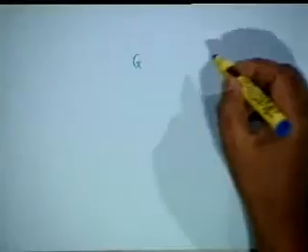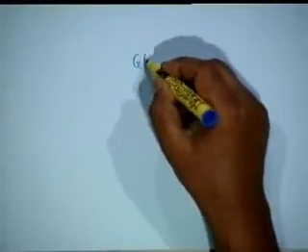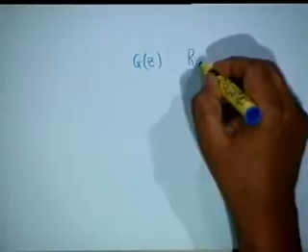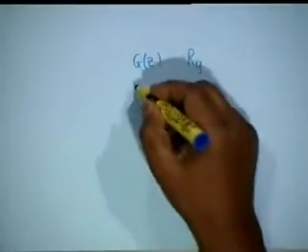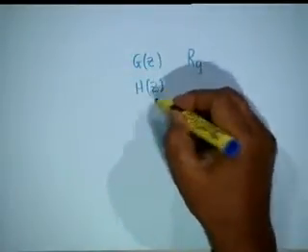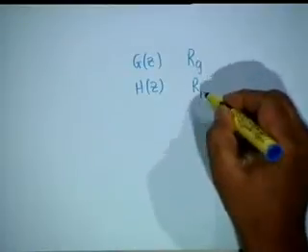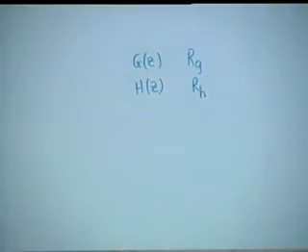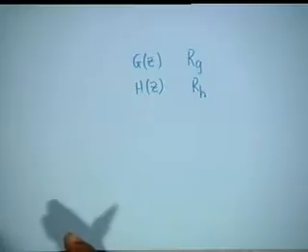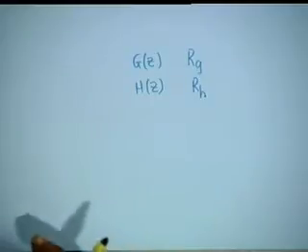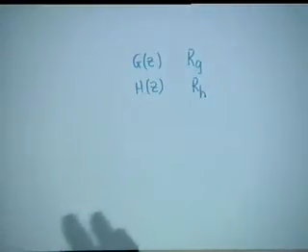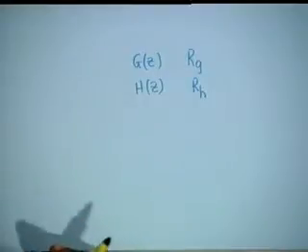We started with the properties of the Z transform, and before that I had introduced some notations, that is, for capital G of Z, the ROC is denoted by Rg, and for capital H of Z, the ROC is denoted by Rh. Rg is a symbol for an inequality, Rg1 less than or equal to mod Z less than or equal to Rg2.